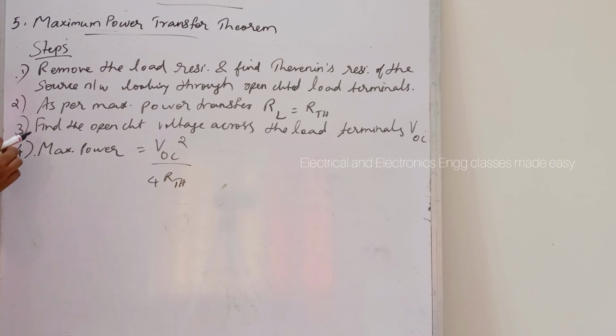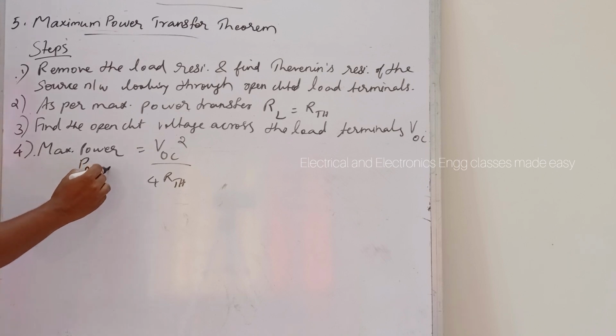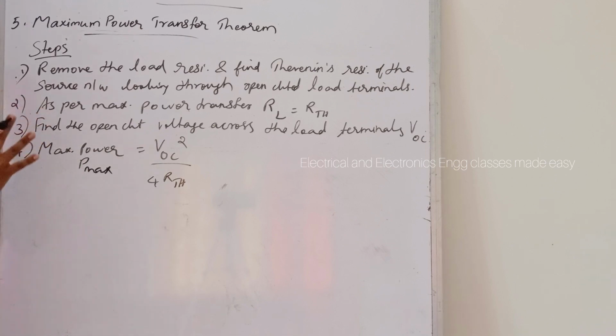Third, find the open circuit voltage VOC across the load terminals, as we already studied in Thevenin's theorem. Fourth, find the maximum power, P max equal to VOC square divided by 4 RTH. So these are the steps involved in applying the maximum power transfer theorem.